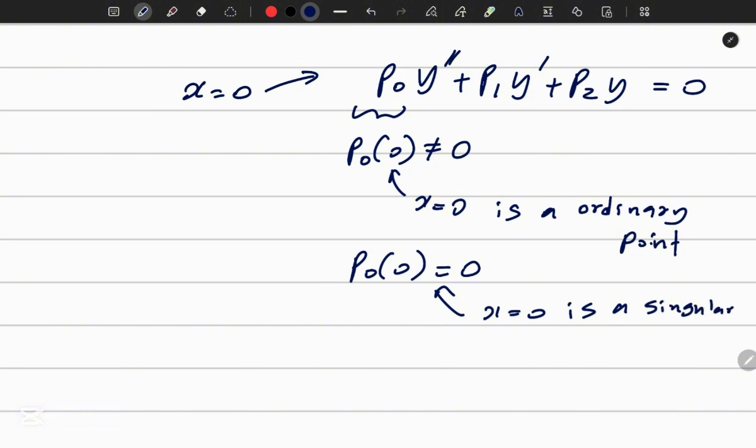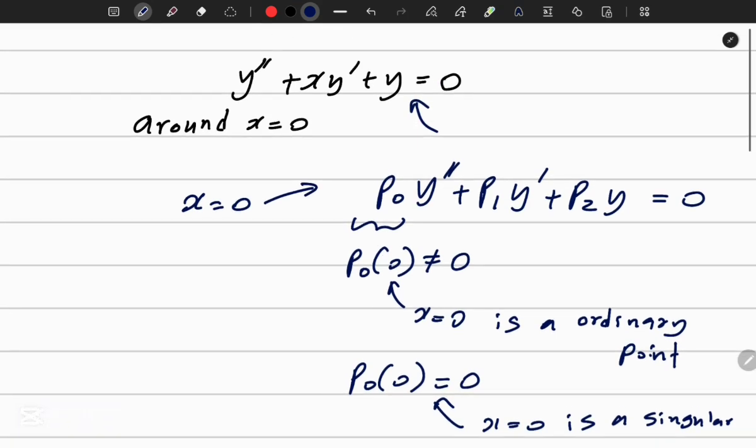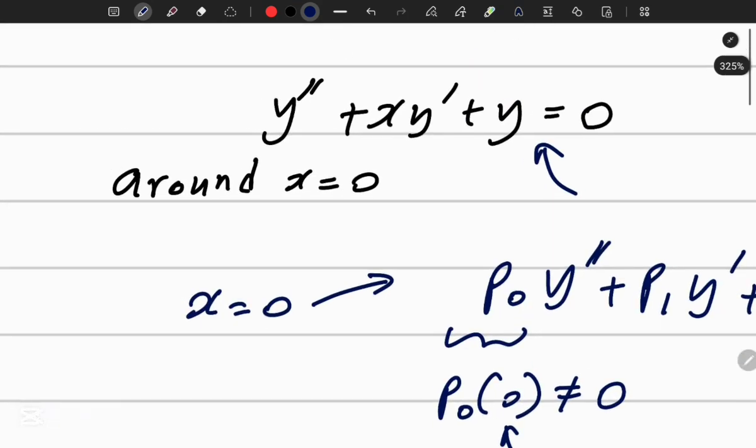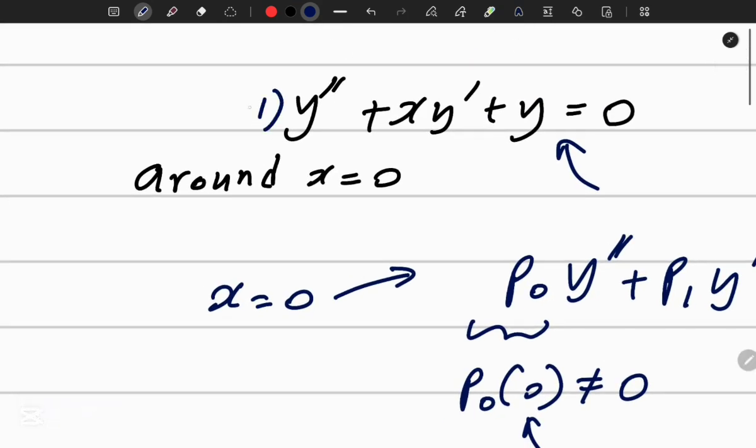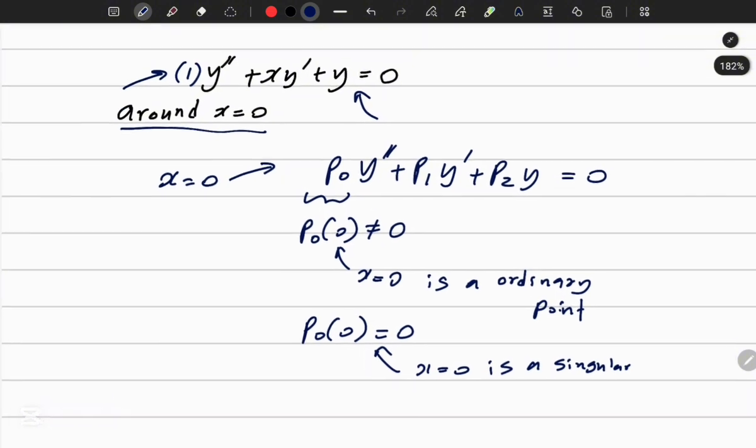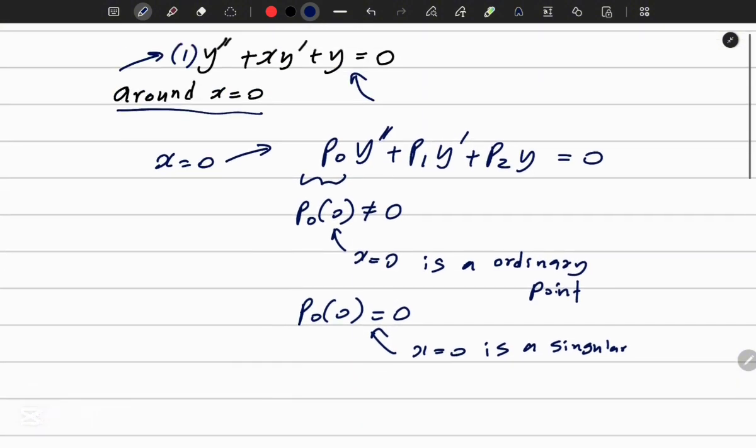There are some types of singular points, but here p naught is 1. When I substitute x equals 0 into 1, it is also 1, so this is not equal to 0, so x equals 0 is an ordinary point. I hope you got it.